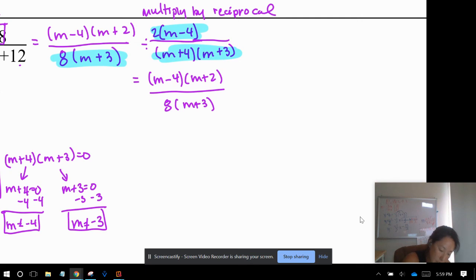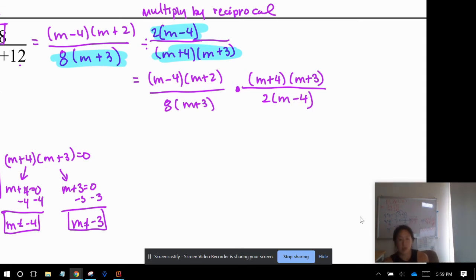Okay, I change to multiplication and then I reciprocate. So m plus 4 times m plus 3 all over 2 times m minus 4. So the numerator becomes the denominator and the denominator becomes the numerator.